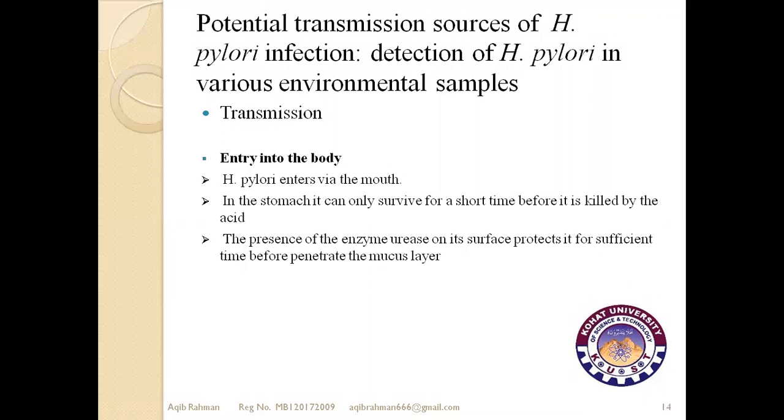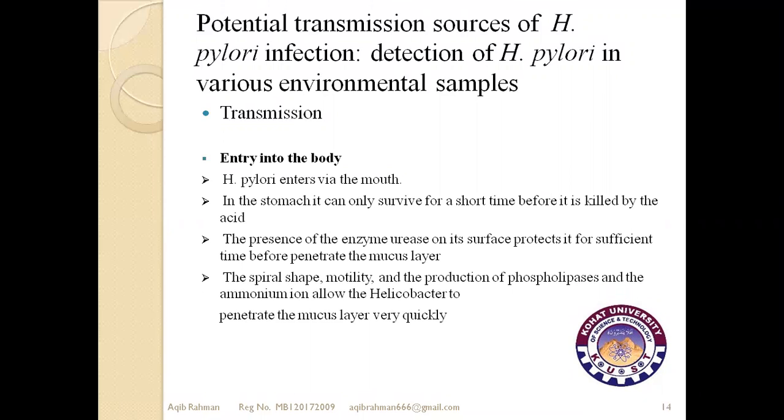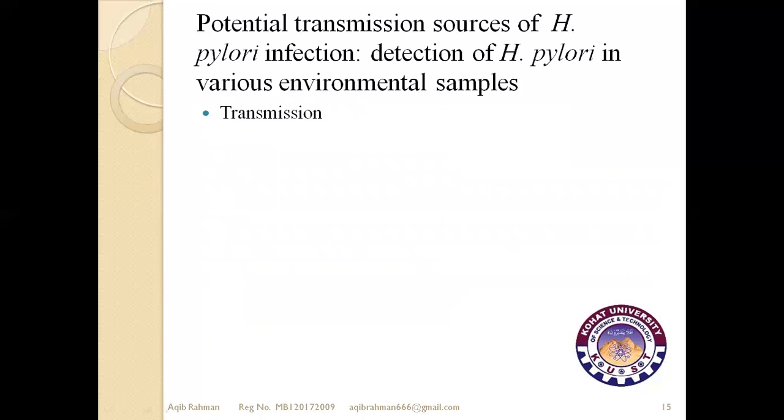The presence of the enzyme urease on its surface protects it for sufficient time before it penetrates the mucus layer. The spiral shaped motility and the production of phospholipases and ammonium ion allow the Helicobacter to penetrate the mucus layer very quickly.